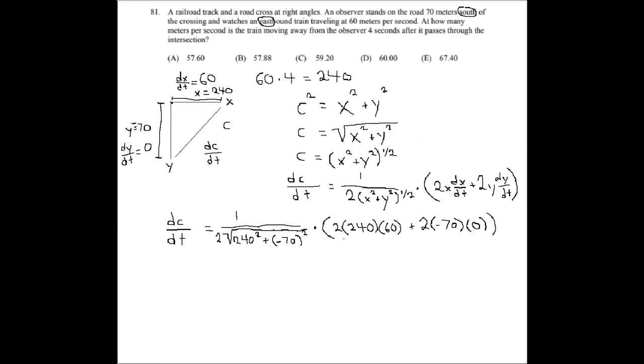Simplifying that a little bit, 2 times negative 70 times 0 is 0, so I can get rid of that.